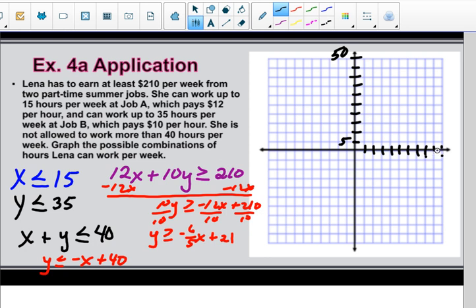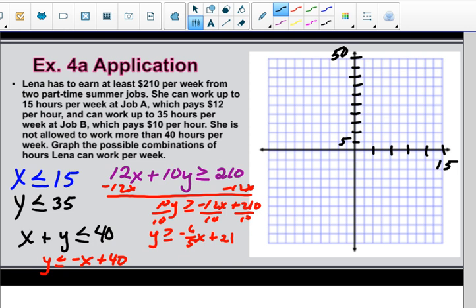Actually, we'll count by 2s, just because I have to get to x equals 15. So let's say this is 2, 4, 6, 8, 10, 12, 14. That actually won't work either. So we'll count by 3s. So this would be 3, 6, 9, 12, 15. So that should work for us.